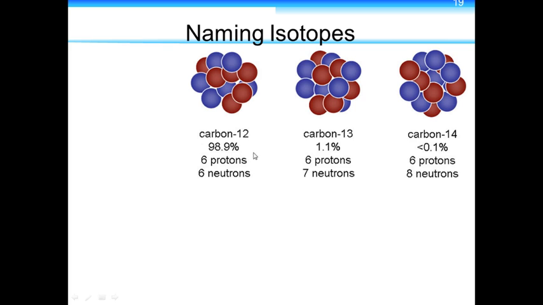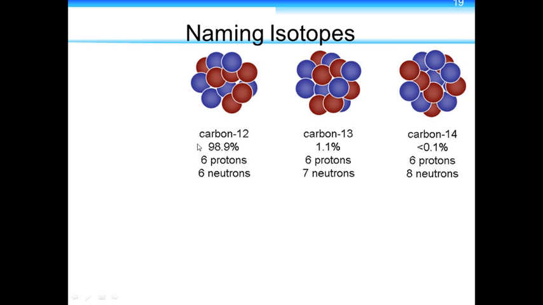These percentages here are giving us the relative abundance of that isotope on Earth. So carbon-12 is clearly the most predominant form of carbon. But there's a little carbon-13. And there's a little bit of carbon-14. So if you happen to pick up a handful of carbon, it would have these ratios of isotopes.